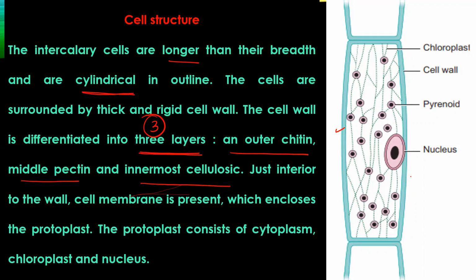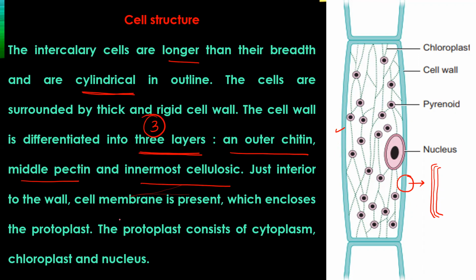So this part, if you draw, it is actually like this. It has got 3 layers to it. The outer chitinous layer, the middle pectic layer, and the inner cellulosic layer.